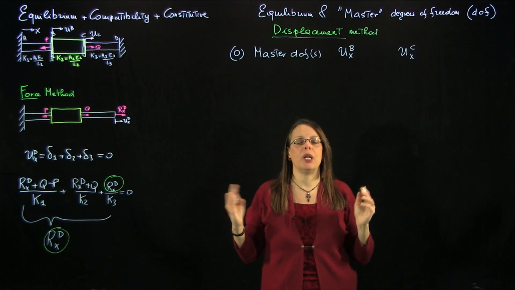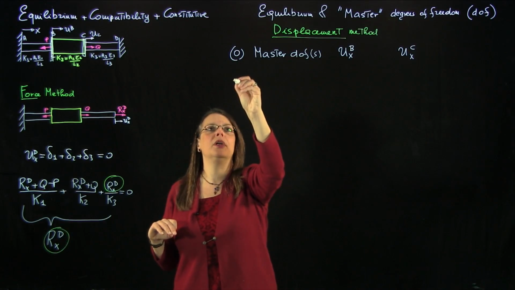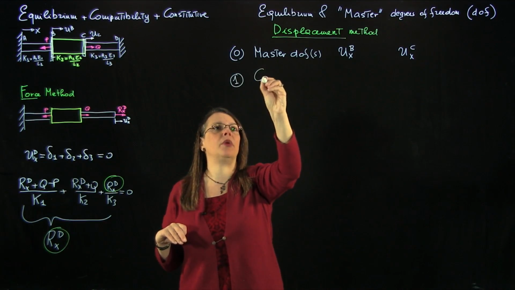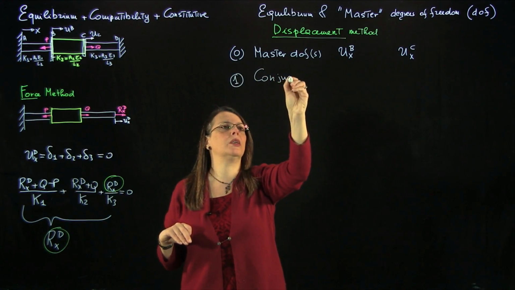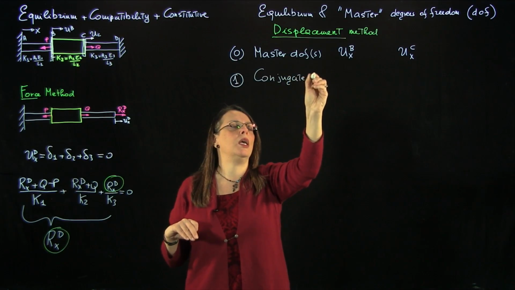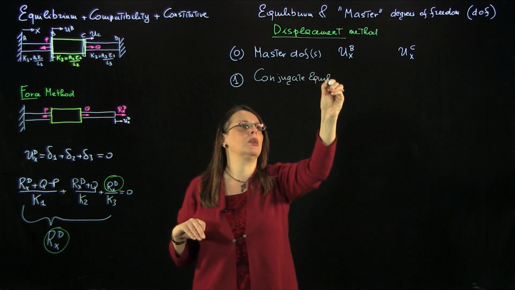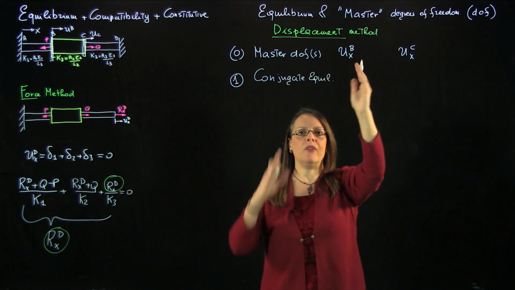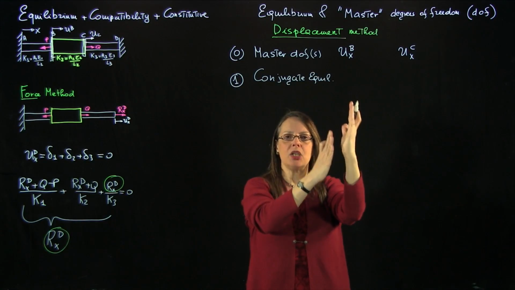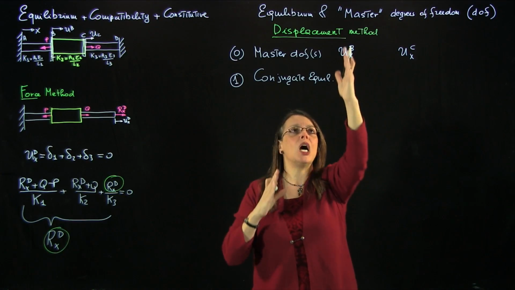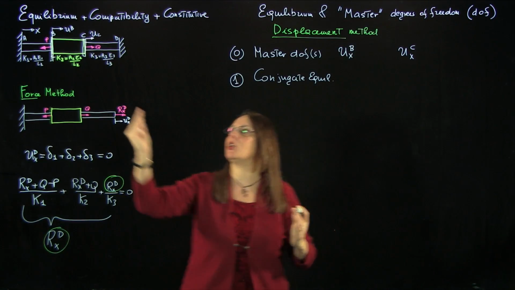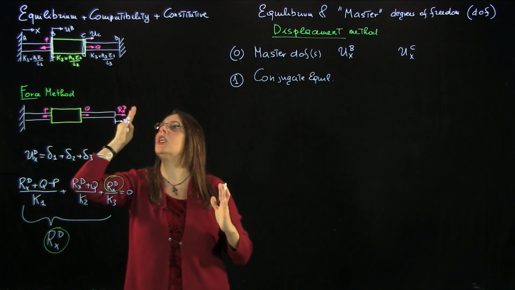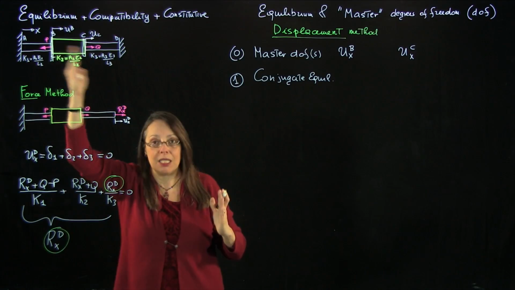So what do I need to do now? I need to do my first step, which is to write the conjugate equilibrium equation. So what is the conjugate equilibrium equation? If I'm looking for the displacement in the x direction of section B, what is conjugate to it is that, of all the positions that section B can take, it is going to take the position for which section B is in equilibrium.